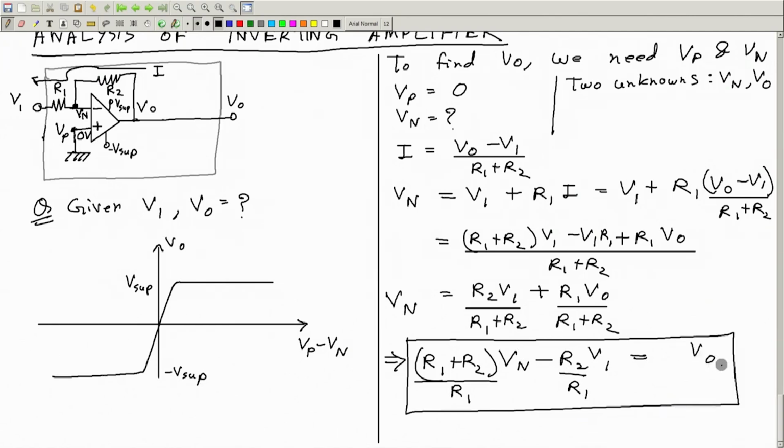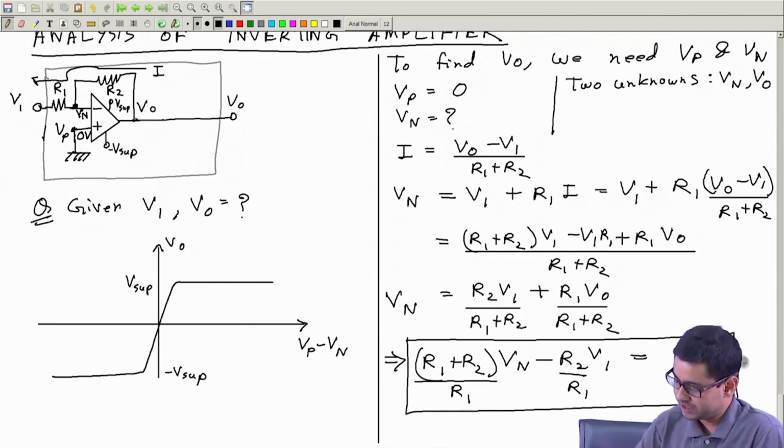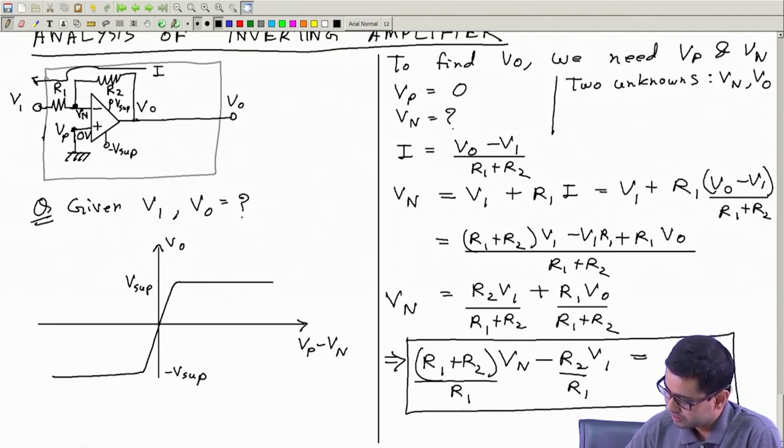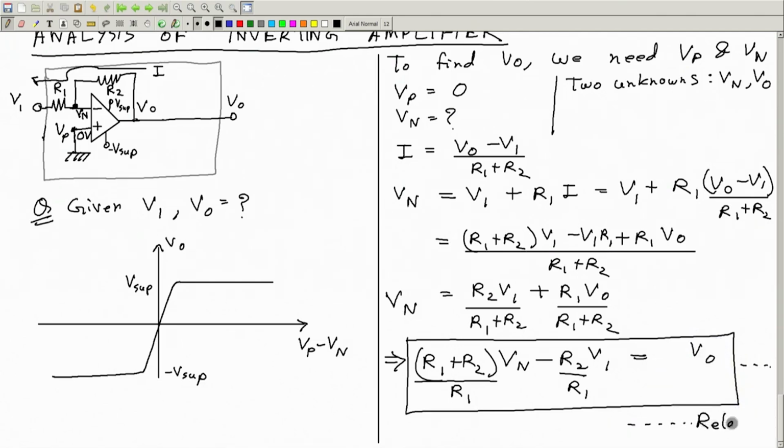We will have two relationships. This one, relation 1, between Vo and Vn, and another relation, the static characteristic, relation 2. So we can solve for Vn and Vo.